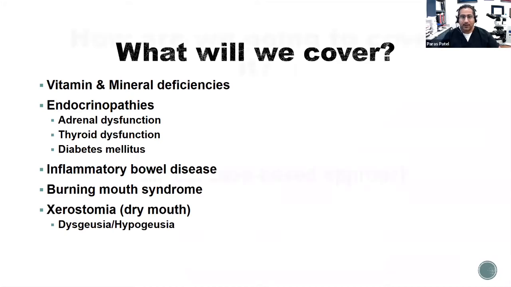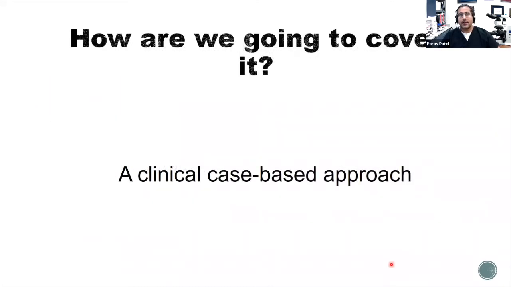And the way we're going to cover this is going to be a little bit of a clinical case-based approach. So I've decided to change this lecture style around a little bit and use clinical scenarios to then act as a jumping point to discuss a wide range of systemic diseases that could potentially have the same clinical manifestation.